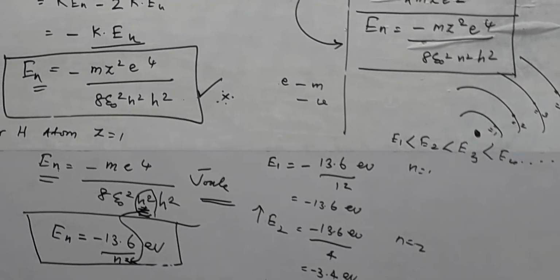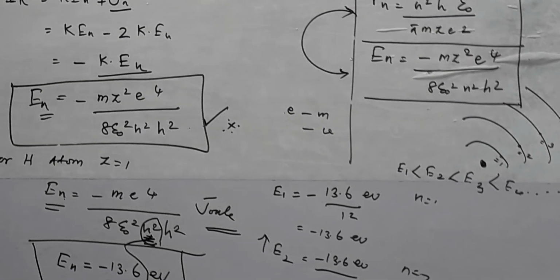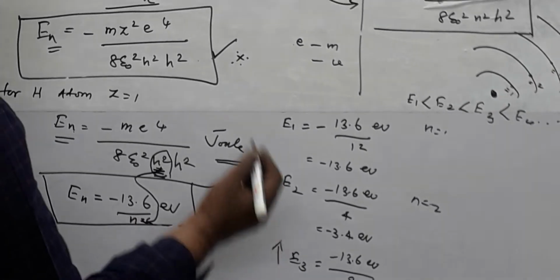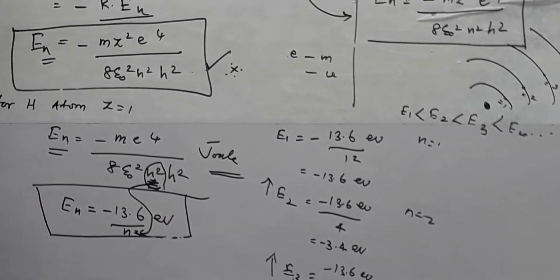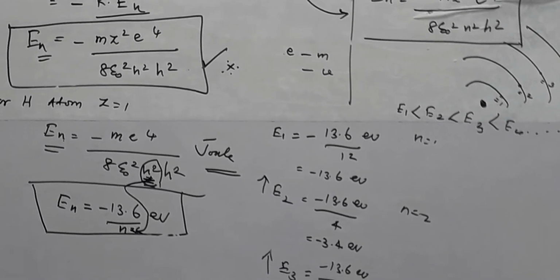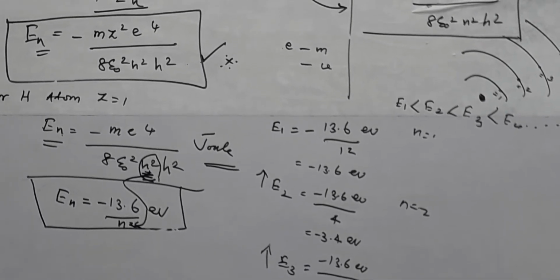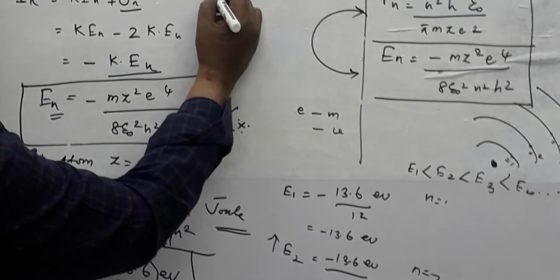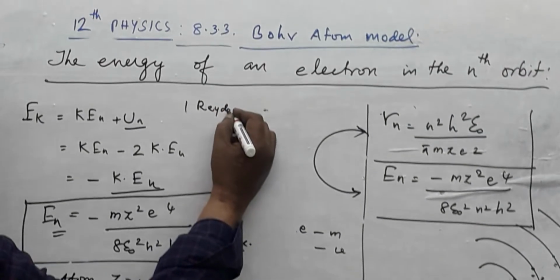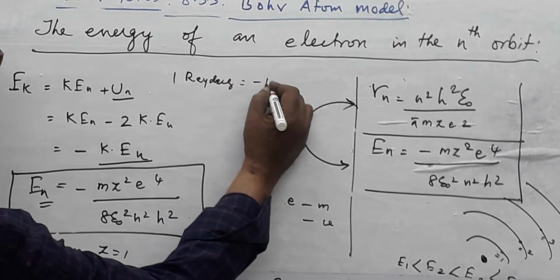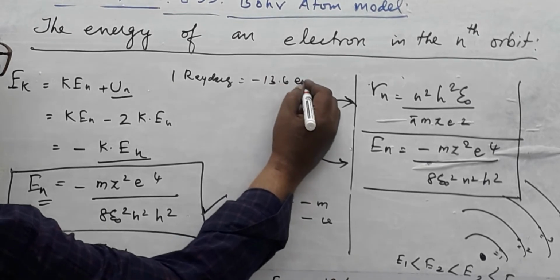This value, minus 13.6 over n square, is the value of Rydberg, one Rydberg. One Rydberg is nothing but 13.6 electron volt.